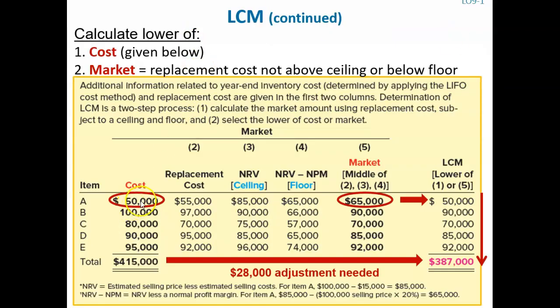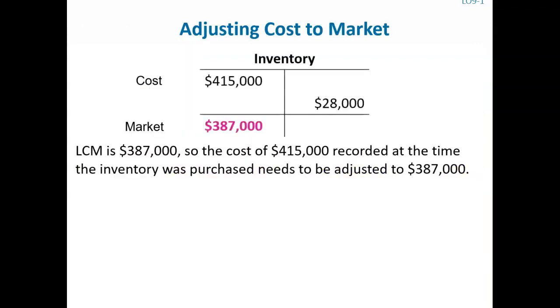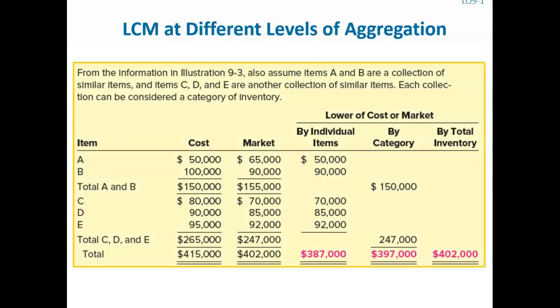For instance, item A, the cost was $50,000 and the market was $65,000, which is represented in cost and market columns. We can also apply the lower of cost or market method to major categories of inventory or to the entire inventory, just like we saw under the lower of cost or net realizable value approach.